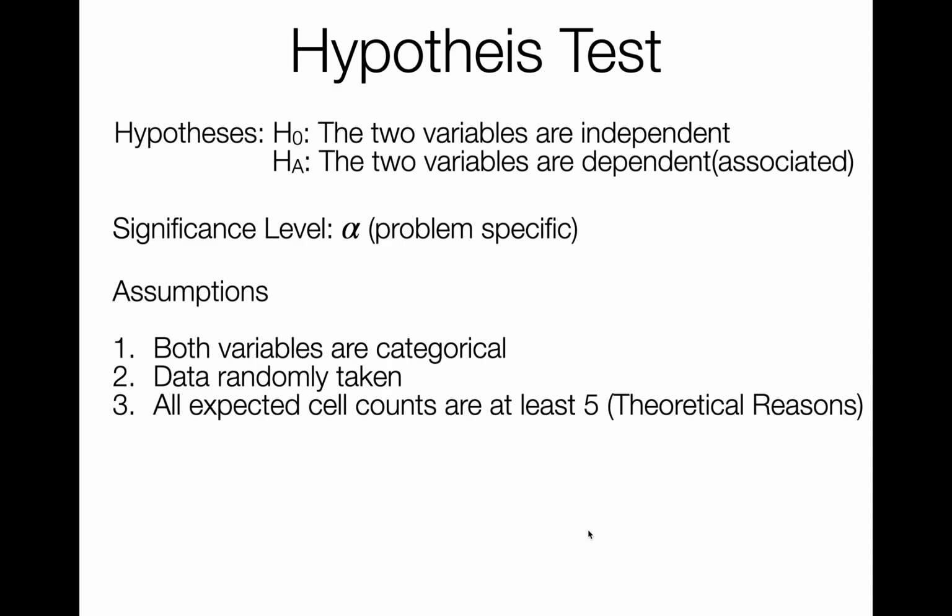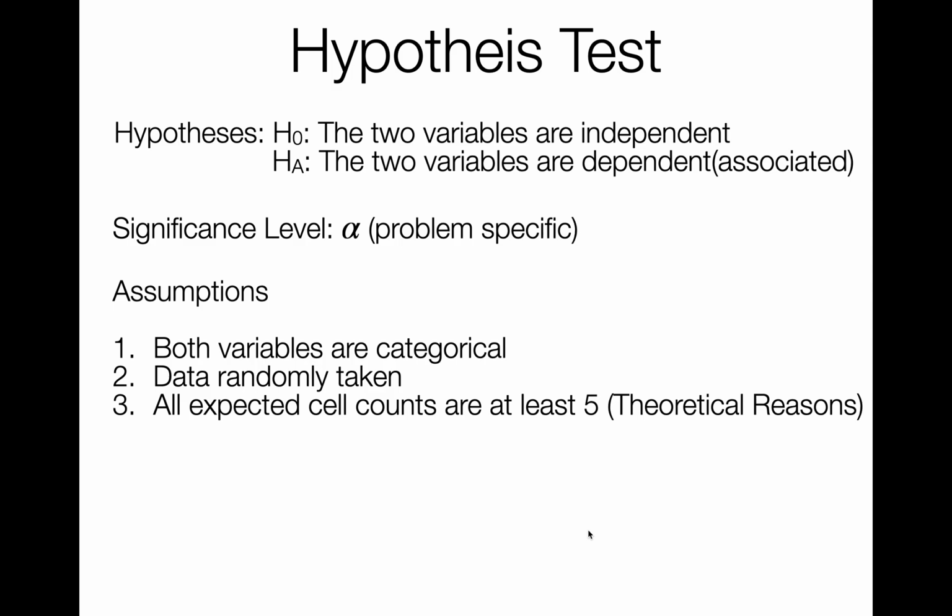And then the one that we really need to be careful about is number 3, that all expected cell counts are at least 5. Why do they have to be at least 5? There are some theoretical reasons that back up that sort of thing.